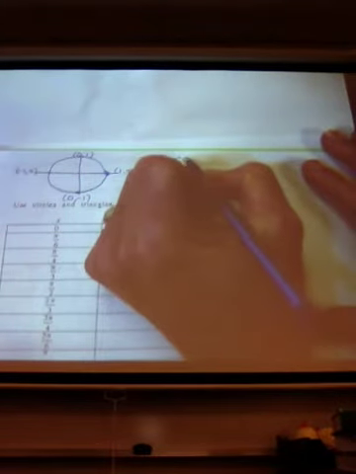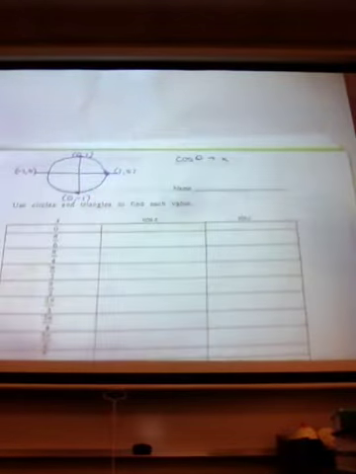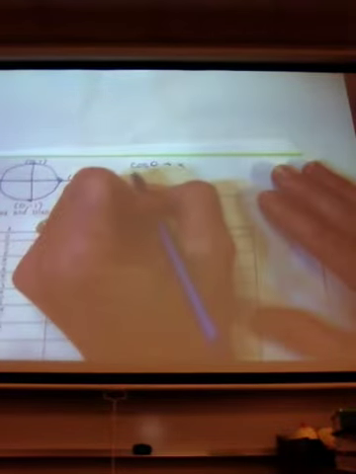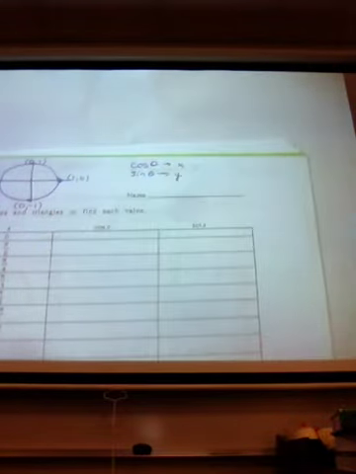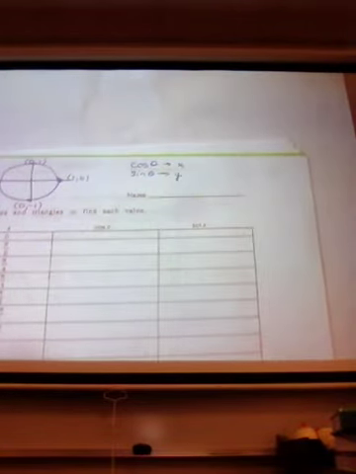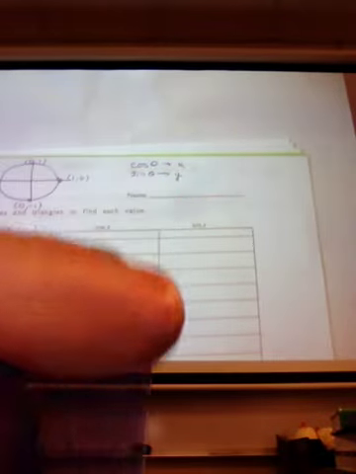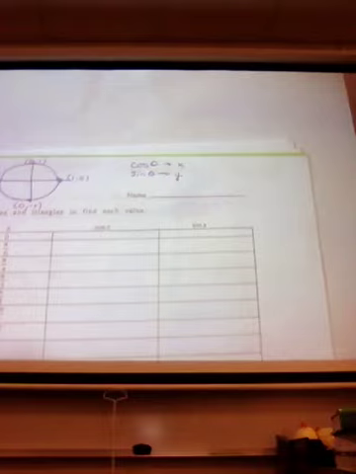Remember your cosine of theta is x, because it's x over r, and r is 1. And the sine is y, because it's always the opposite. And opposite your reference angle is always going to be the y. The adjacent is always the x. I just showed that to you over there. That was the purpose of the warm-up.